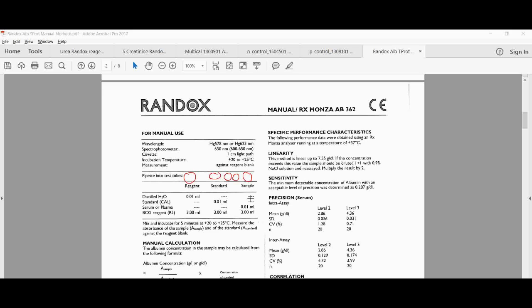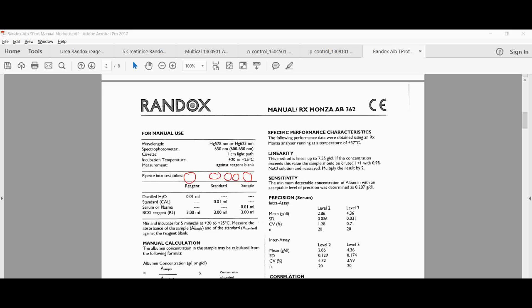Okay, now in your reagent blank tube, you're going to add 3000 microliters of the reagent that you prepared, and you're going to add 10 microliters of distilled water. So that's going to be your blank, and then you mix properly.